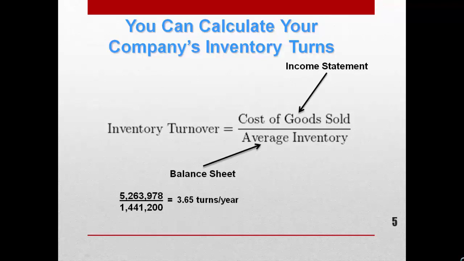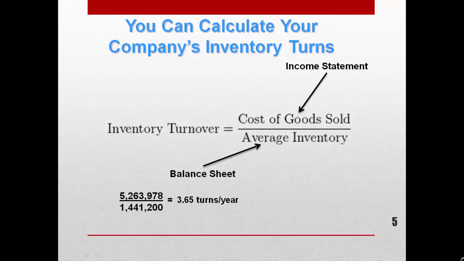In the income statement, there's going to be a line called cost of goods sold. You're going to take that number and divide it by what we call the average inventory from the balance sheet. Look down below. I've got some numbers in there: $5,263,000 cost of goods sold divided by 1.4 million units, whatever they are, and that comes out to be 3.65 turns per year.